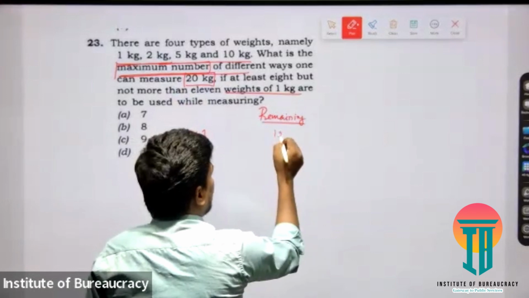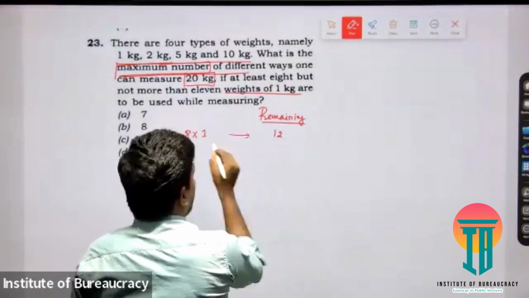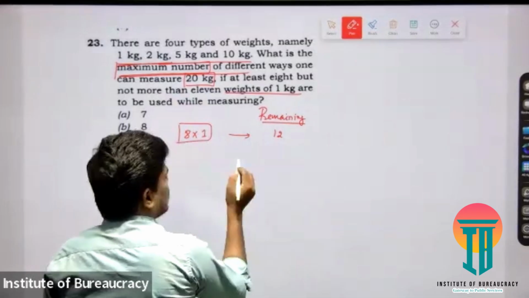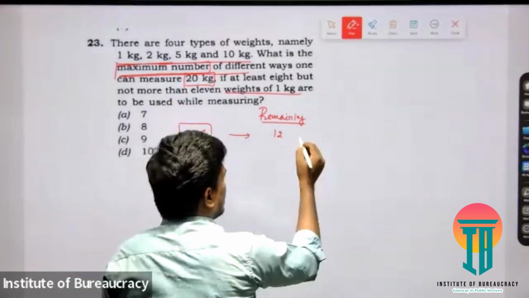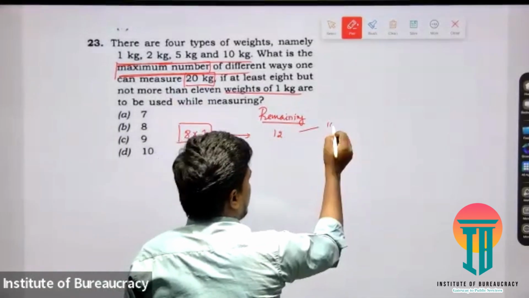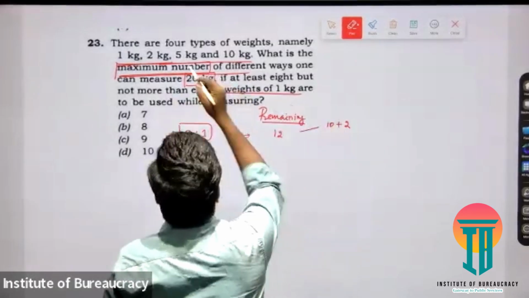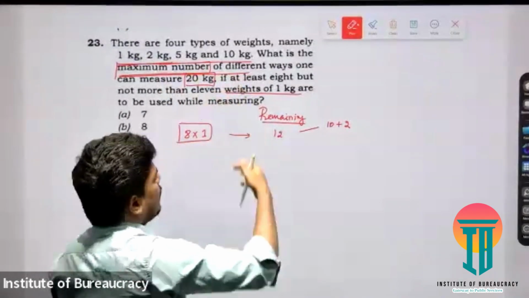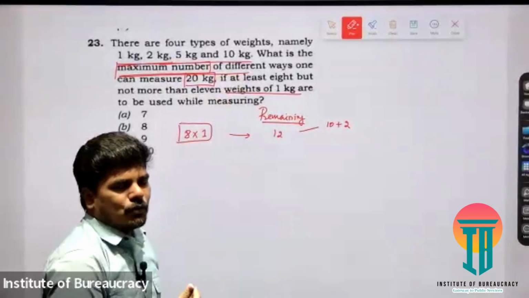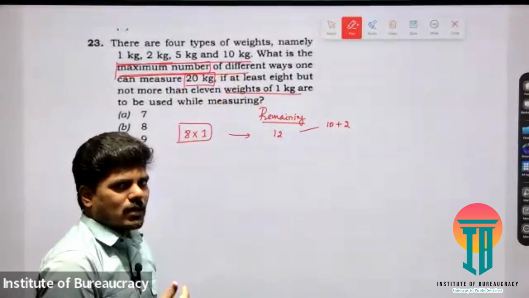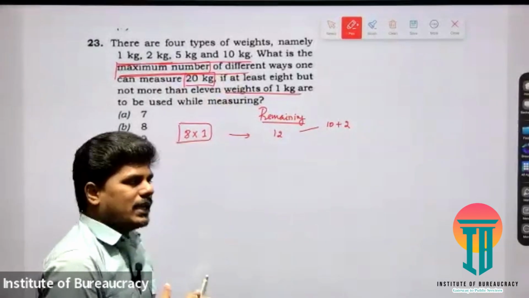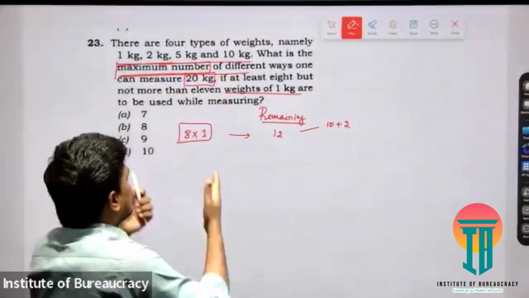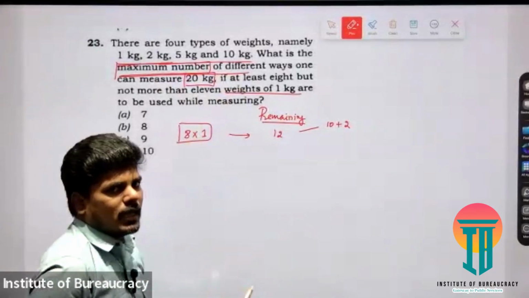Remaining is going to be 12 kg, as 8 I have already used. This 12 kg I can measure as what? Again, they didn't say that you have to use 1 kg only once or 2 kg only once. They didn't give any number of times you can use it, but you have to measure the 20 kg properly.